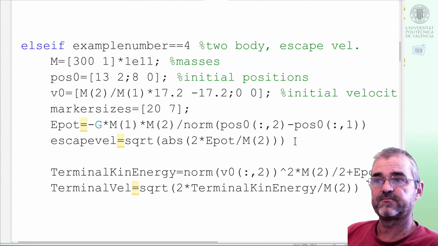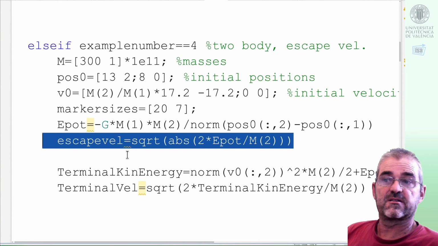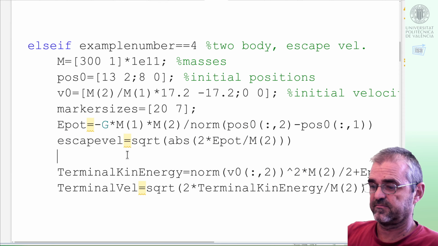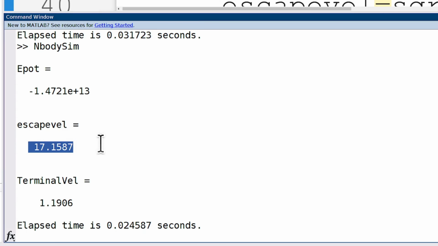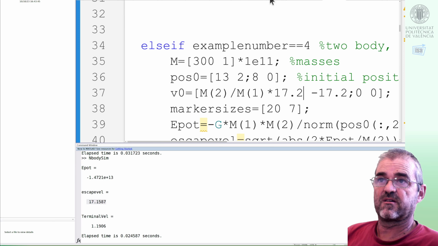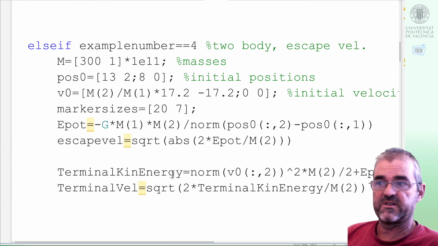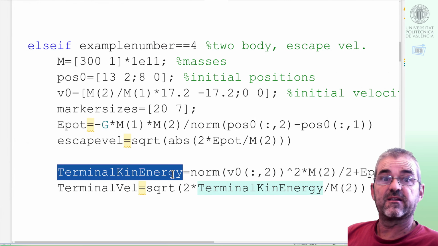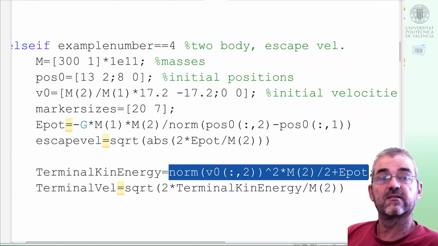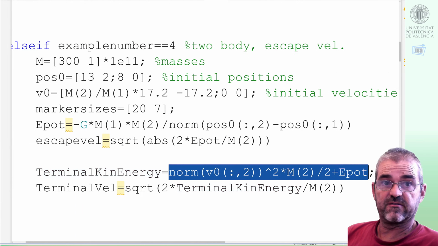So in our simulation, from an initial position like this is the distance, this is the potential energy, and this is the escape velocity, which is 17.16 units. And for instance, the terminal velocity, which is the terminal kinetic energy, because potential will be 0, it's the total mechanical energy that is conserved.